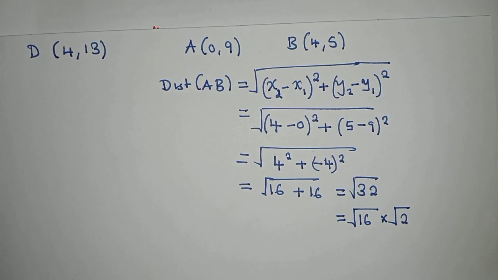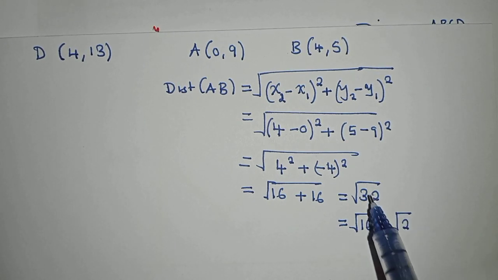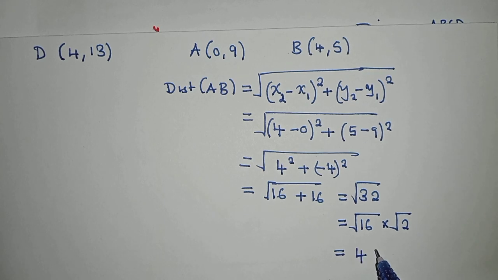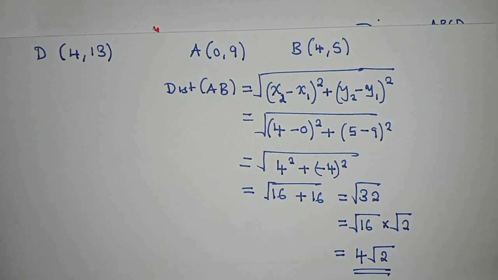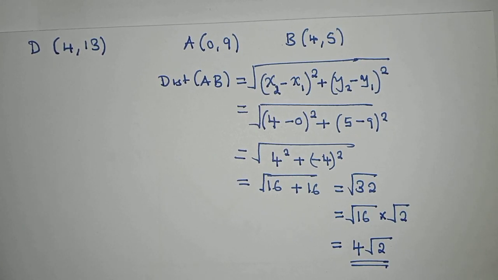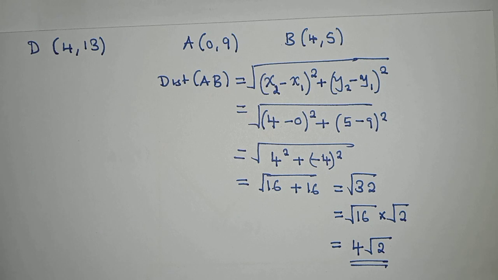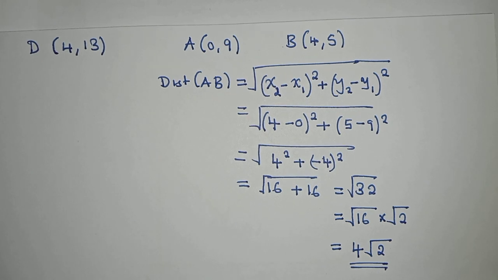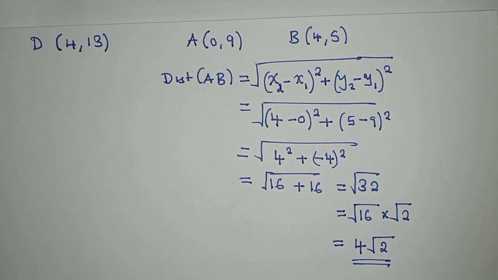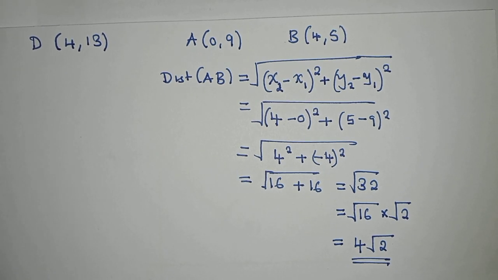This will help you find the square root of 16, which is 4. You can do this if you don't have a calculator, but if you have a calculator, you can still calculate. So after finding this, you now square it.